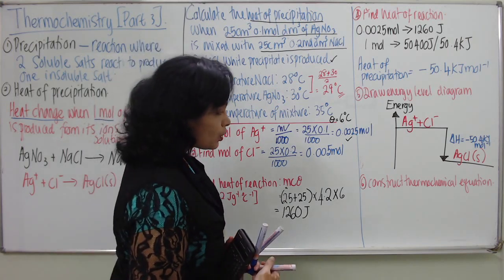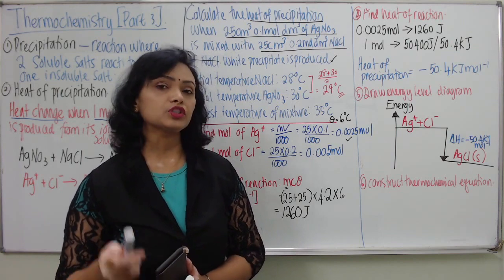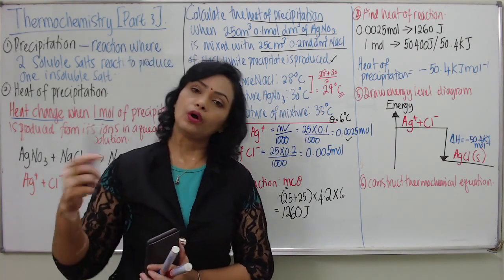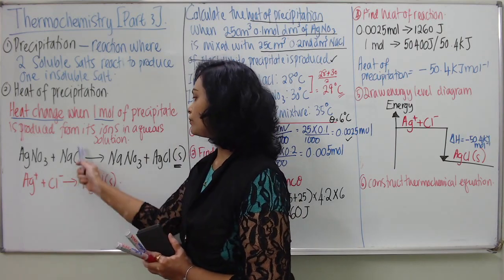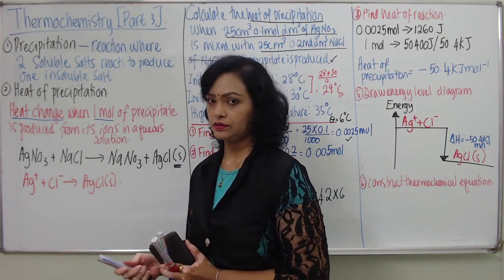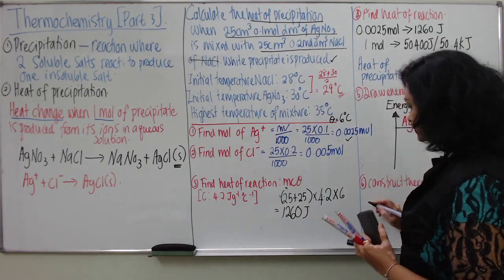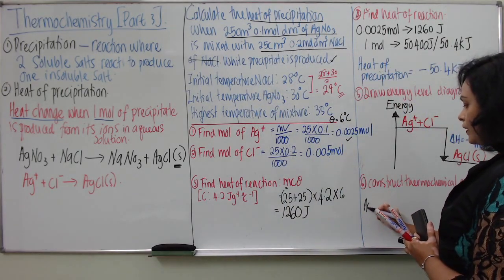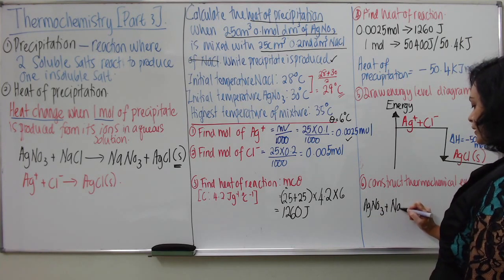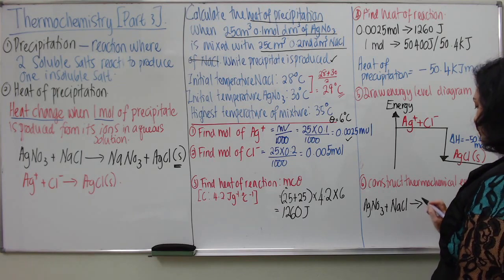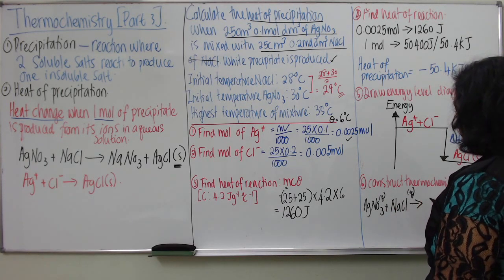Now, construct the thermochemical equation. So the thermochemical equation can be an ionic equation or chemical equation, doesn't matter. That means you can use any of these. Alright. So maybe teacher thinks I already used here. I use this equation. Argentum nitrate added with sodium chloride to produce, okay, we can add aqueous here. Sorry, teacher forgot aqueous.